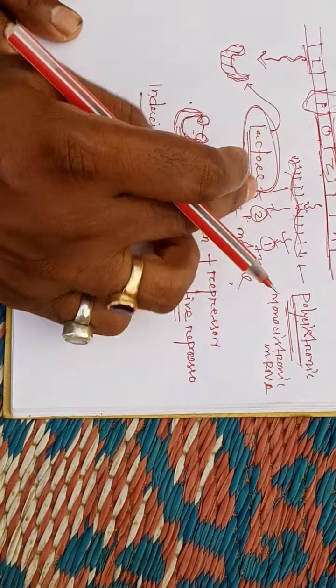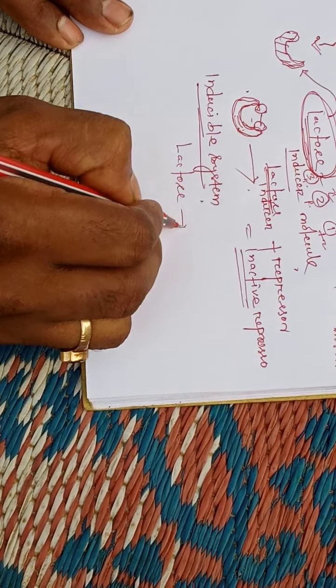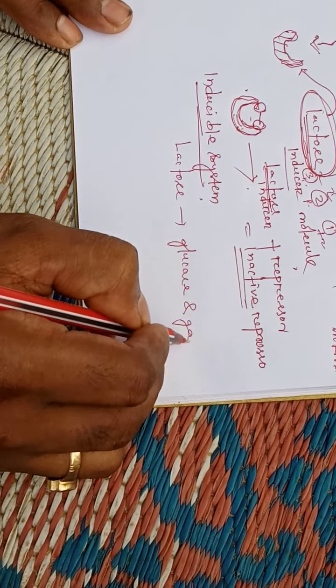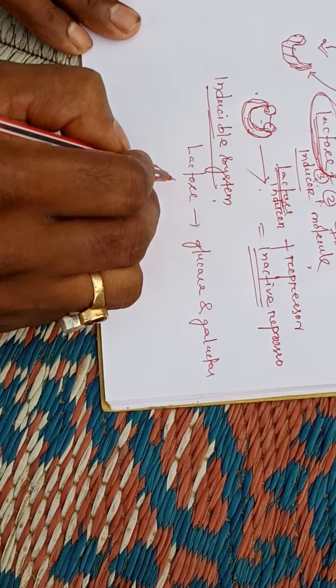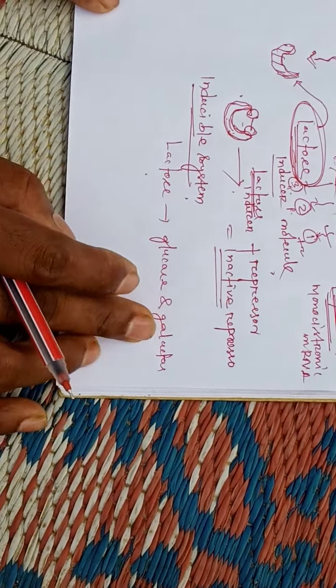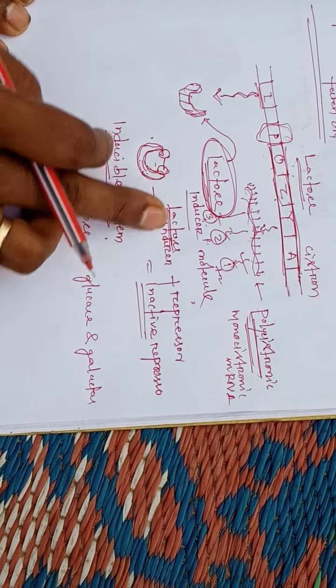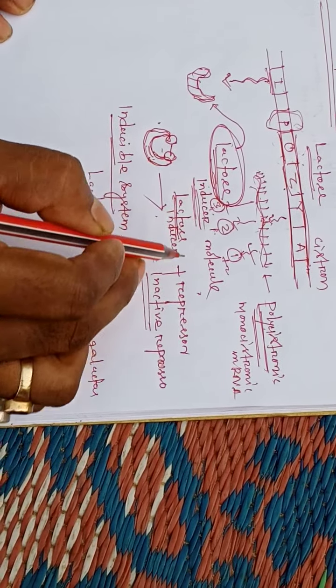Now these three enzymes act upon lactose, and lactose is broken down to form glucose and galactose. Further breakdown of glucose and galactose produces energy, so that the bacterial cell gets energy. So it is a type of gene regulation mechanism, and the lactose operon is called the inducible operon system.